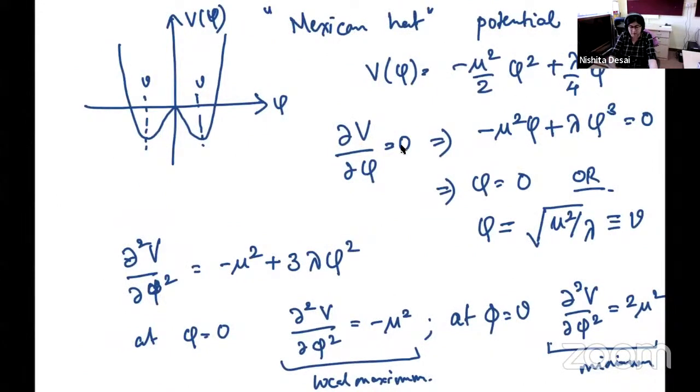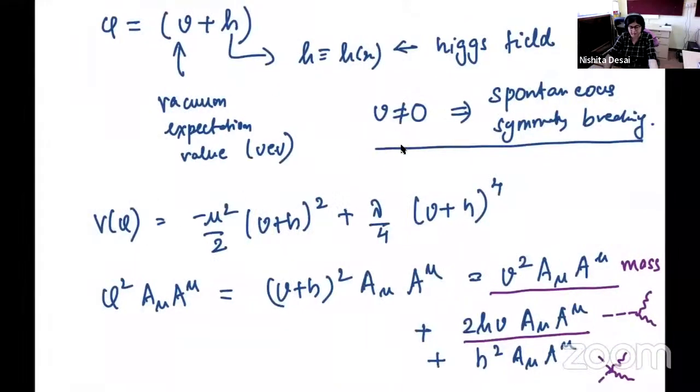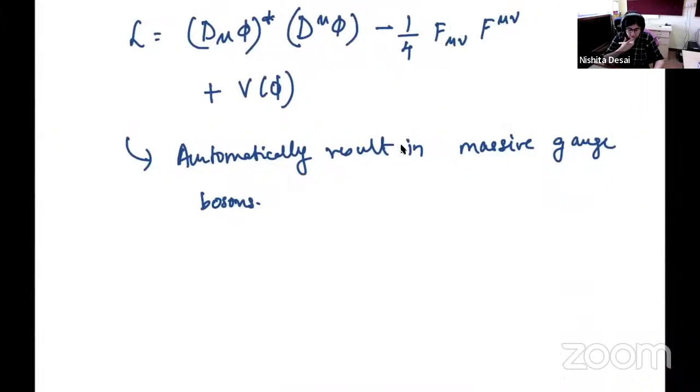Zero would have been a symmetric vacuum, but plus or minus v is an unsymmetric position that you've chosen. So your ground state is not symmetric. However, your Lagrangian is still manifestly invariant under gauge symmetries. So that's why it's called spontaneous symmetry breaking. So any questions so far?